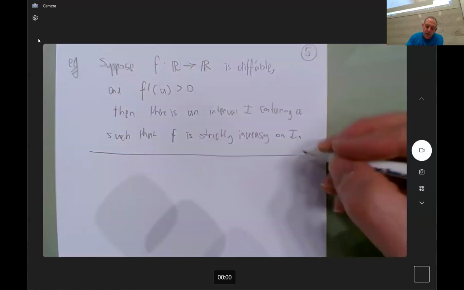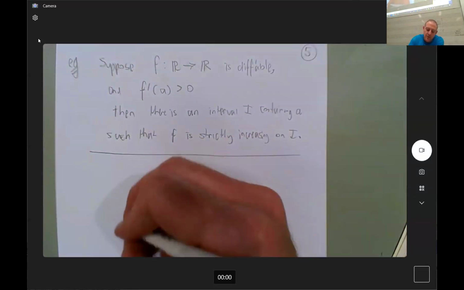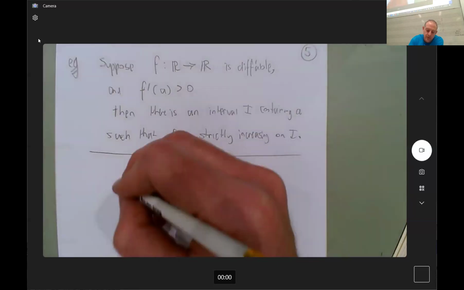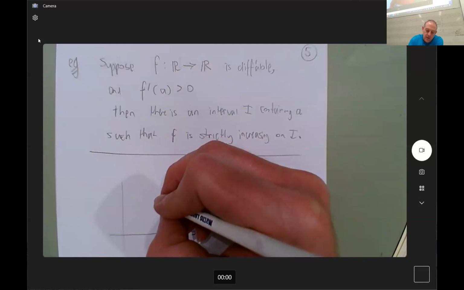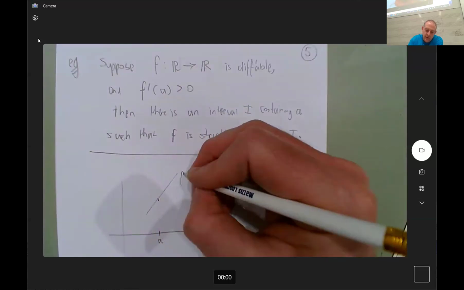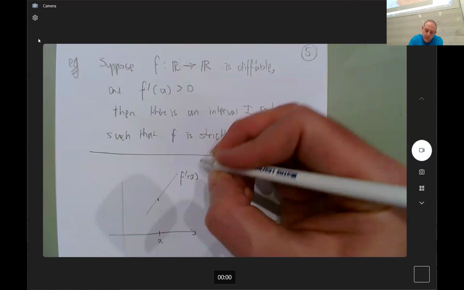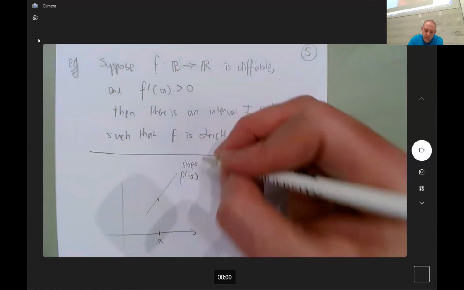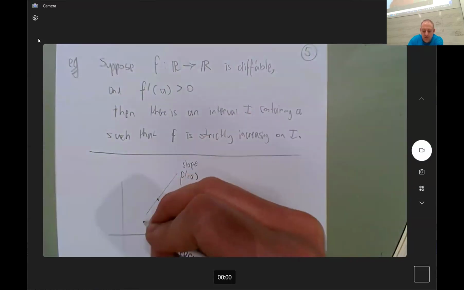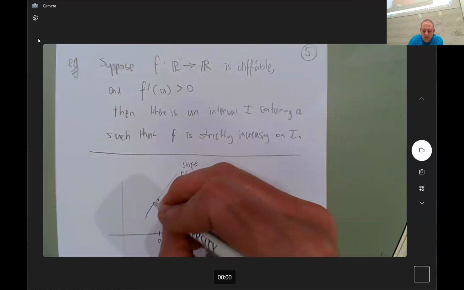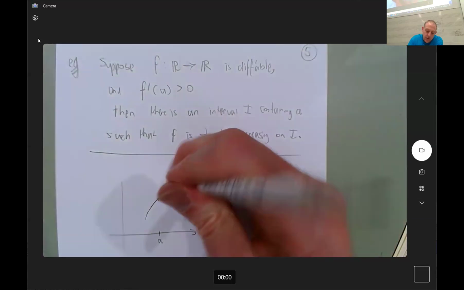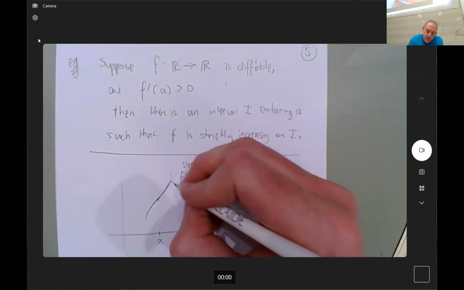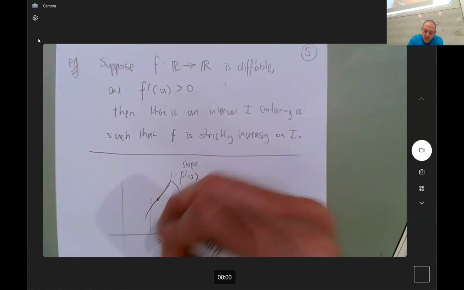The first thing I do when I do any of these problems is I imagine my function, and here's A, and here's a spot, and that's the f dash of A, that slope. So no matter what the function is doing at this point, as long as it's differentiable here, then there will be a spot nearby, like an interval around this, where it's increasing.